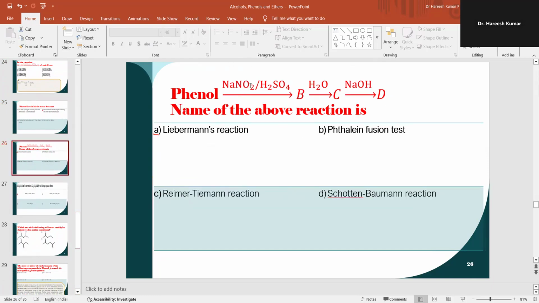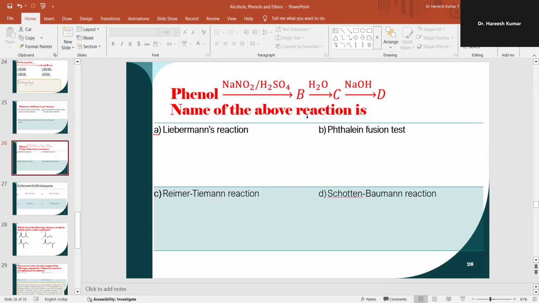Then phenol on reaction with sodium nitrite in the presence of H plus will give you the product B, which on hydrolysis gives the product C. This on treating with an aqueous solution gives D. This is called Liebermann's reaction. Liebermann reaction means phenol reacts with sodium nitrite in the presence of H plus.